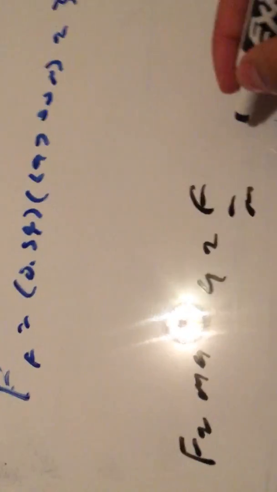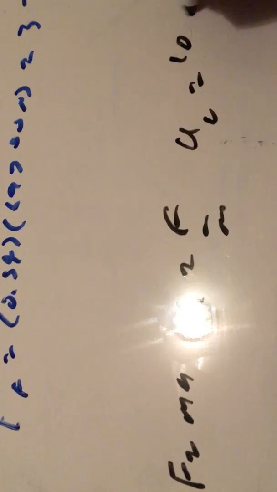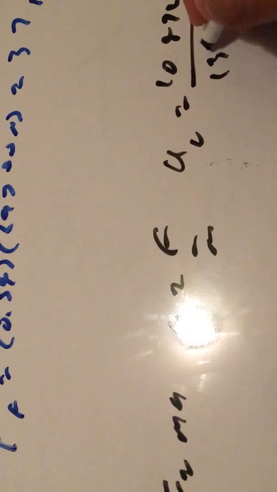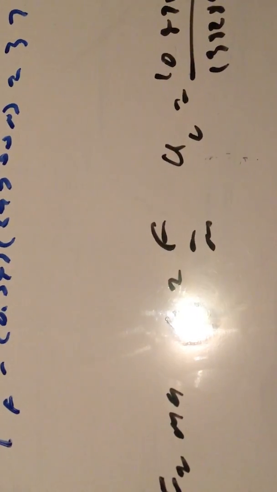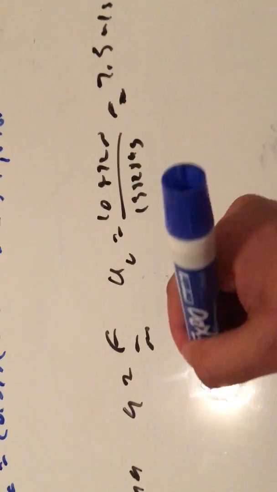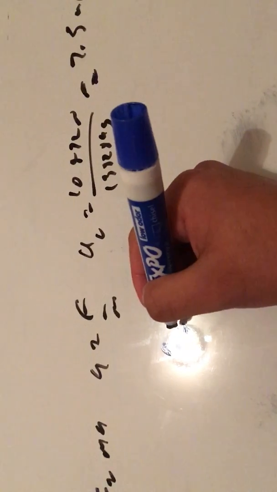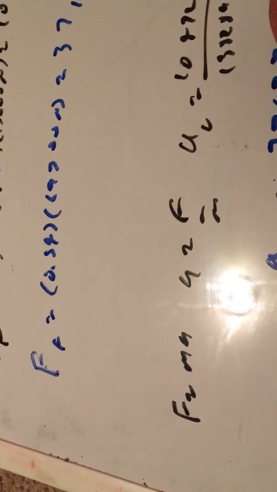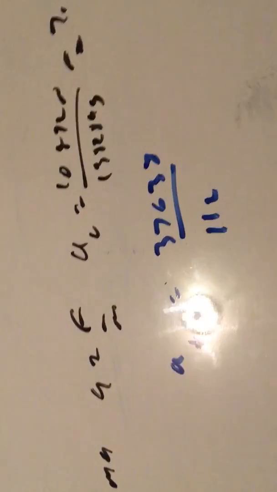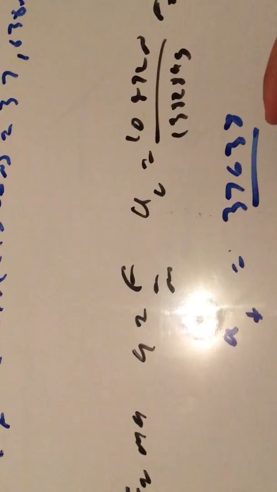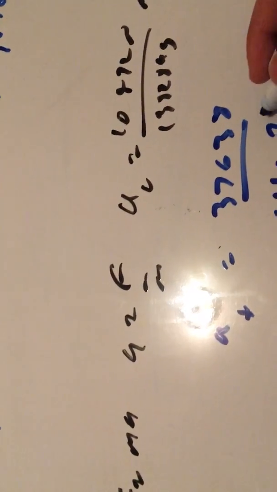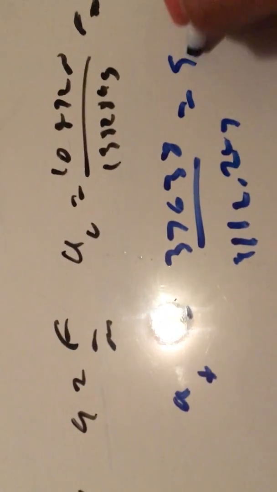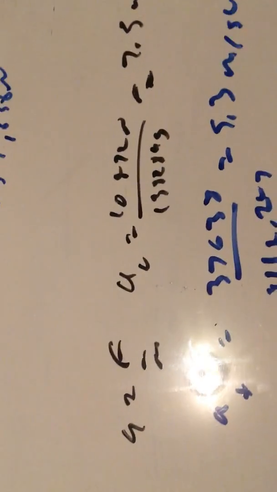In the case of the car, we get approximately 7.5 meters per second squared as the acceleration of the car, and the acceleration of the truck is equal to, and this gives us 5.3 meters per second squared.